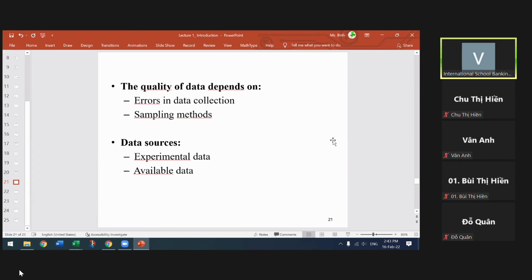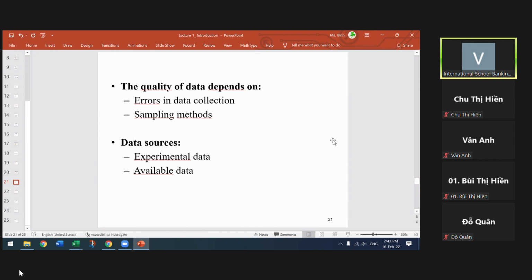If the data is not reliable, the result of the research is not reliable. So when you collect the data by yourself, you need to guarantee that the method to select the sample is right and scientific.